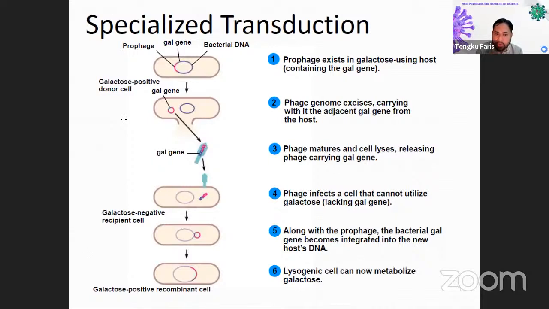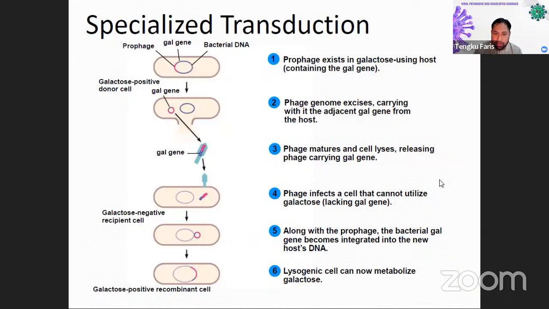This is a very important gene for the virus because the virus has a very selective capability to choose what gene they want to mutate or invade or choose. So the virus chooses only this specific GAL gene, or galactose gene, and then after that the phage matures and the cell lyses, releasing phage carrying the GAL gene. Because the virus only wants the GAL gene, they just cut the GAL gene from the bacterial DNA and carry it with them.